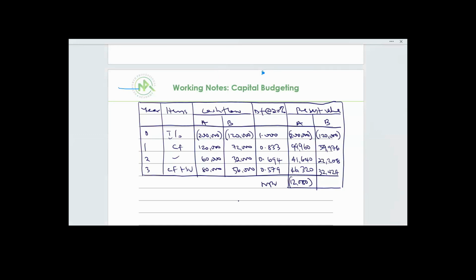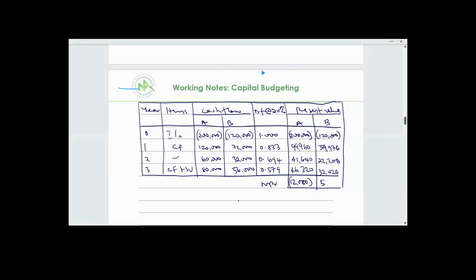So 32,424 plus 22,208 plus 59,976 equal 114,608 minus 120,000 equal 5,392.